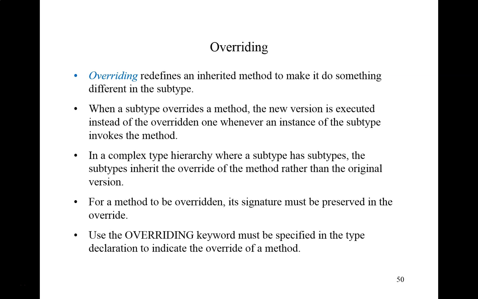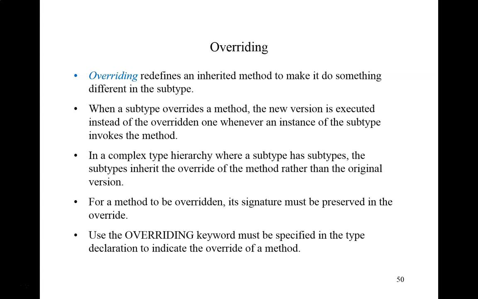Overriding redefines an inherited method to make it do something different in the subtype. So that means a method defined in the supertype is automatically inherited by the subtype. The subtype can choose to keep that version as the one and only version, or it can provide a new definition of that. It can override the definition.